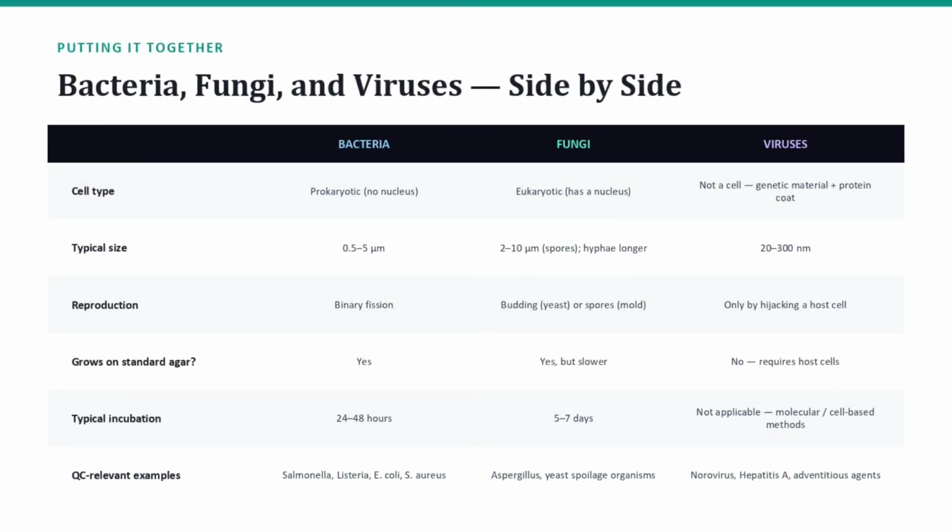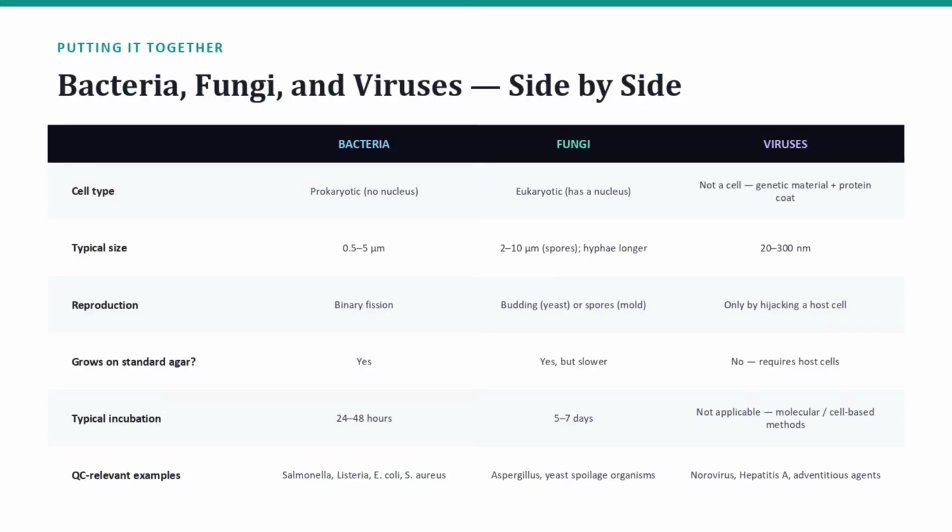Fungal spores run 2 to 10 microns, though hyphae themselves can be much longer. Viruses run 20 to 300 nanometers, dramatically smaller than either. Reproduction: bacteria use binary fission. Fungi use budding for yeast, or spores for mold. Viruses can only reproduce by hijacking a host cell entirely.